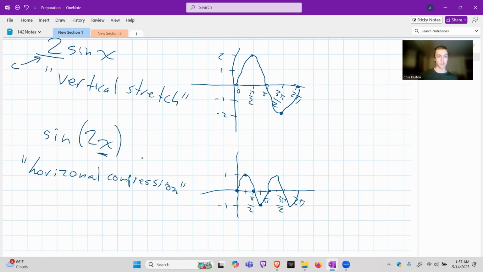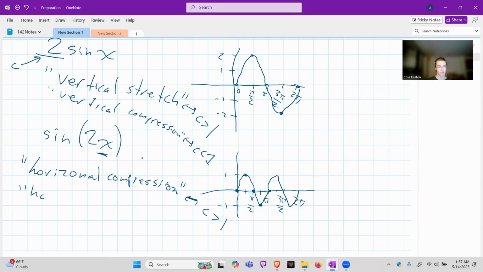Vertical stretch is for C bigger than 1, and we call that vertical compression for C less than 1. So horizontal compression is for C bigger than 1, and horizontal stretch is for C less than 1.